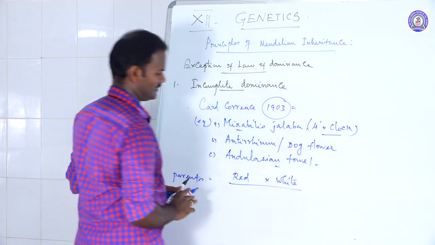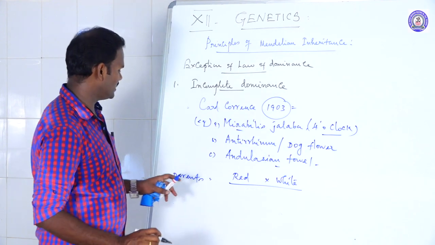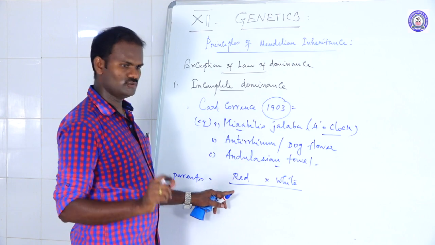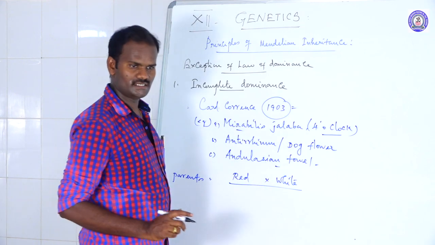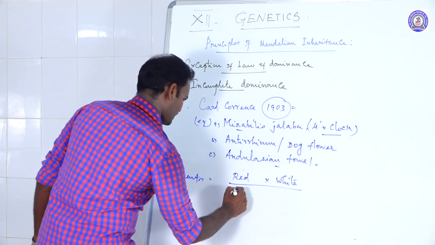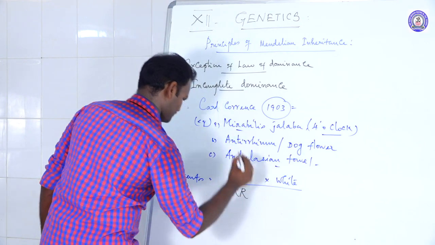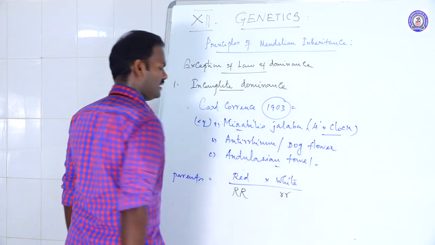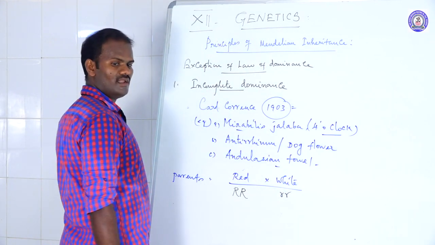In pure state, red and white flowers are produced. Red is a dominant character controlled by the gene capital R, and white is a recessive character controlled by the allele small r.